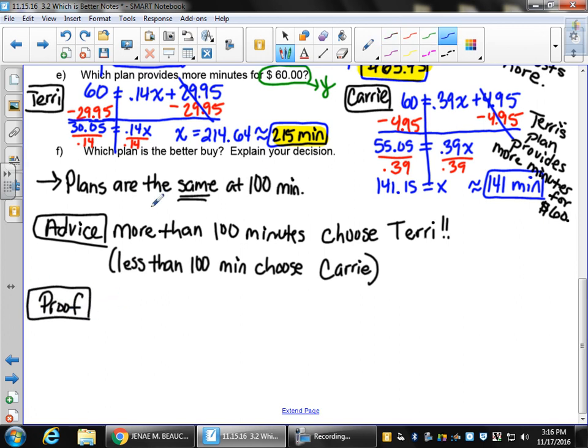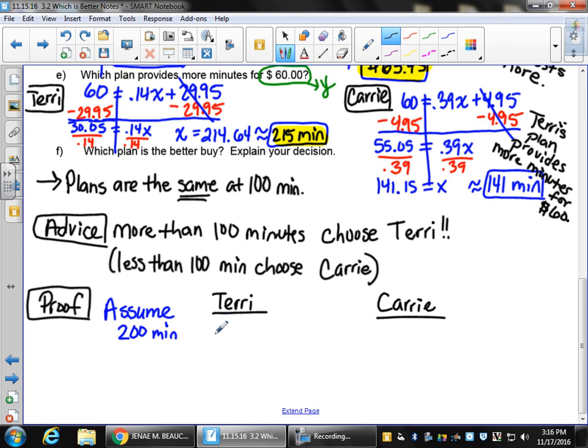Let's assume, do you want to assume something bigger or smaller than 100? Let's go bigger. So let's assume 200 minutes. Remember, they're even at 100. Let's assume 200 minutes, and then we'll do the math. Terry first, we'll do it one at a time.